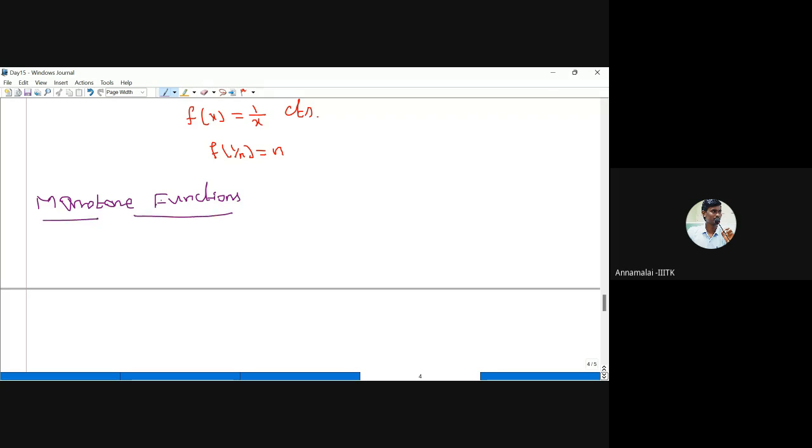So first we discuss what a strictly increasing function is. Definition 1.